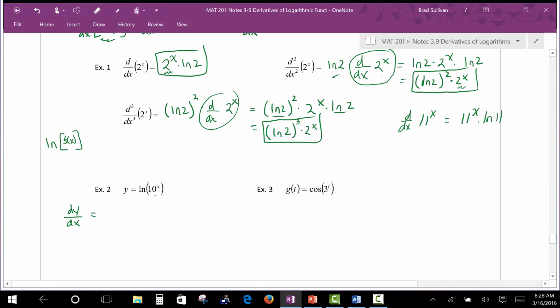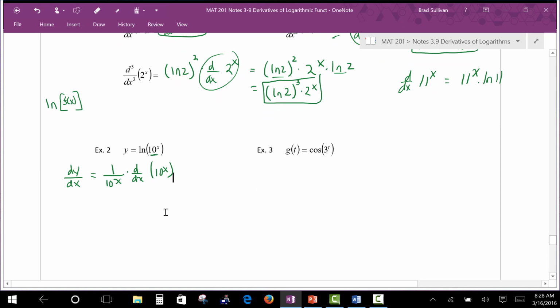So the function is that argument. That's changed. That's not ln of x, it's ln of 10 to the x. So by the chain rule, we say 1 over 10 to the x, then we have to multiply by the derivative of 10 to the x. That's what we were working on last time in class. So the 1 over 10 to the x comes down.